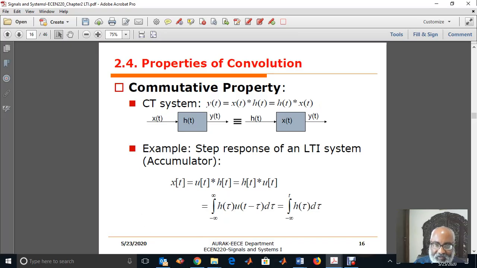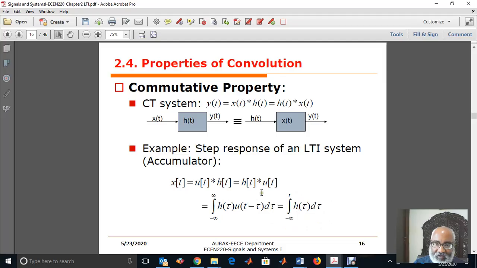For example, here I have y of t equal to u of t convolved with h of t. It's the same as h of t convolved with u of t. If we take the second case, it means the integral from minus infinity to infinity of h tau u of t minus tau d tau. So this will be the integral from minus infinity to t of h tau d tau, the integration of the system.